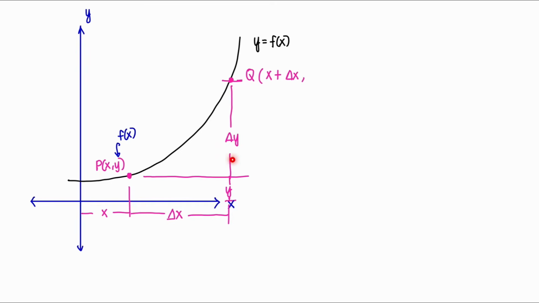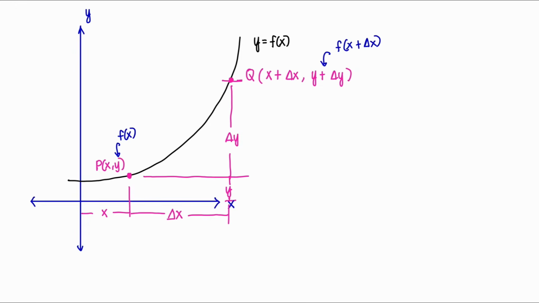And the ordinate of point Q is this one, y plus delta y. If y here is a function of x, meaning the ordinate in point Q is a function of x plus delta x.